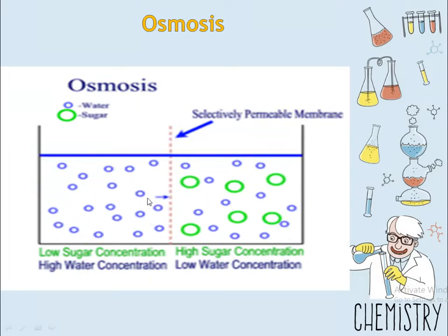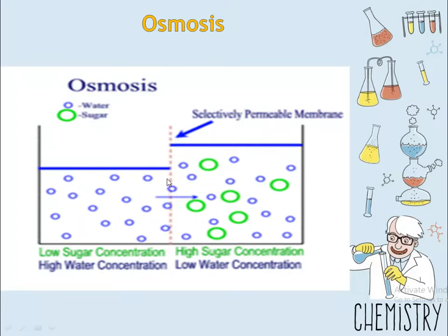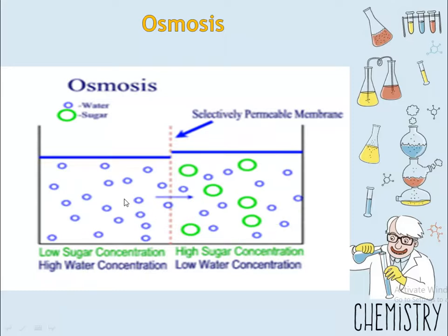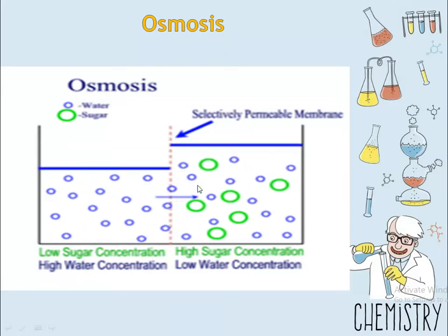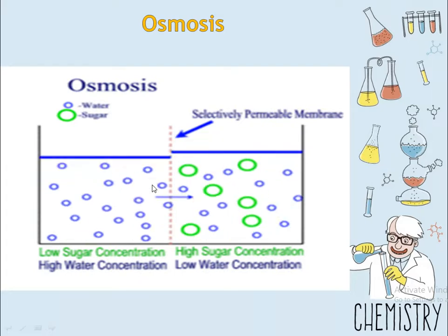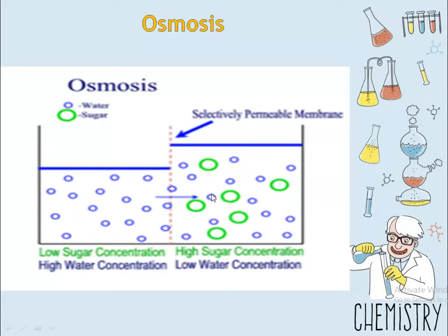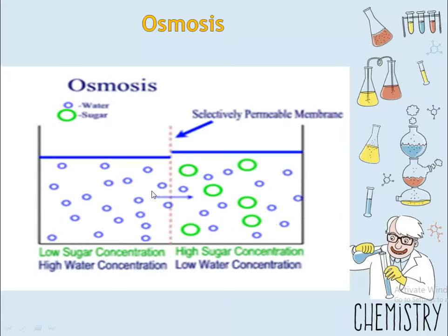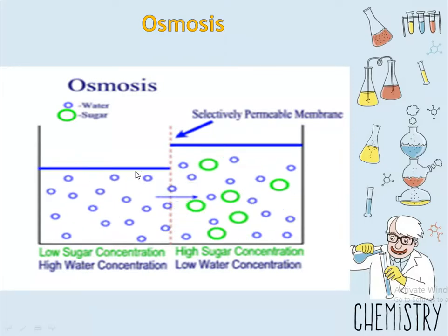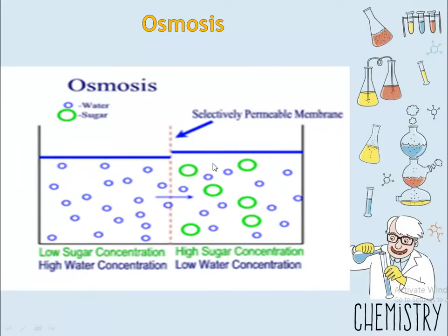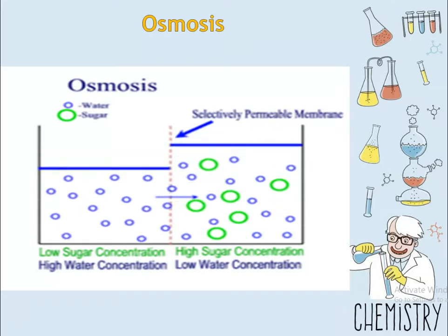So when the solvent flows through this semi-permeable membrane from here to here, it is called osmosis. It means the solvent is moving through a semi-permeable membrane to the solution, or from low concentration to high concentration. This phenomenon is called osmosis.